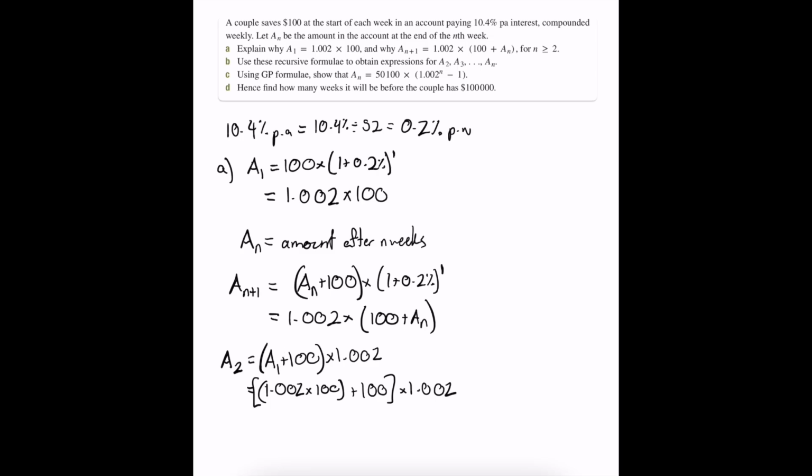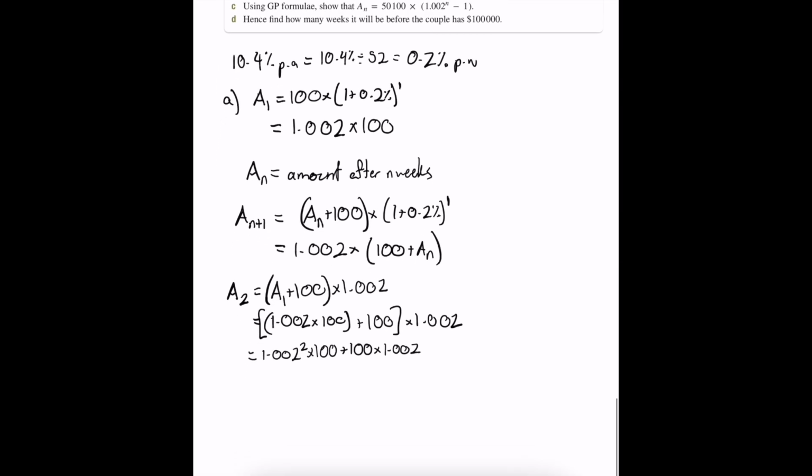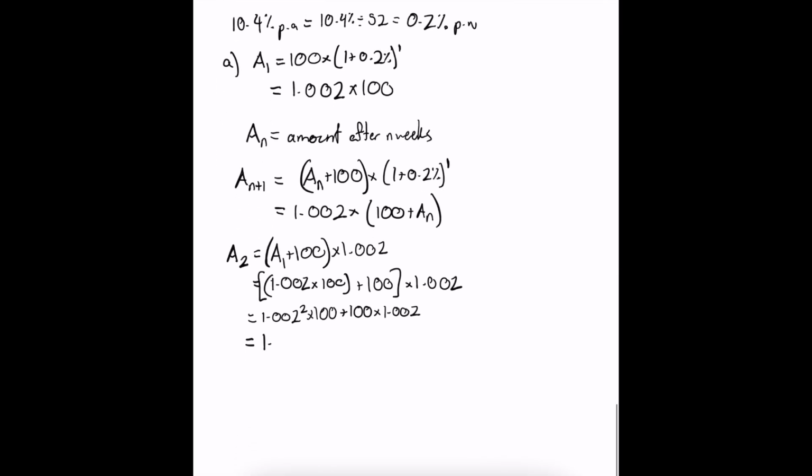Now, when we expand this formula, what we can see is that the 1.002 gets multiplied in both these terms. And what we end up getting is 1.002 squared times 100 plus 100 times 1.002. I'm just going to rewrite this and say it's 1.002 times 100 plus 1.002 squared times 100.